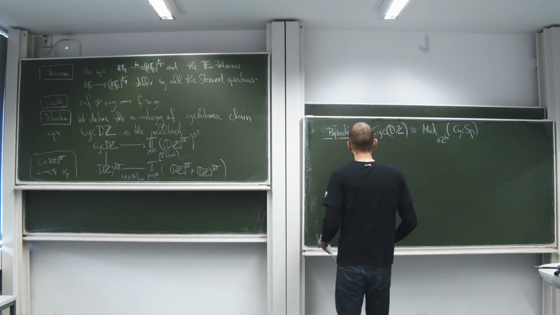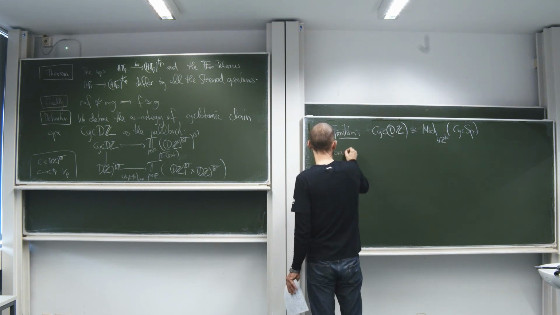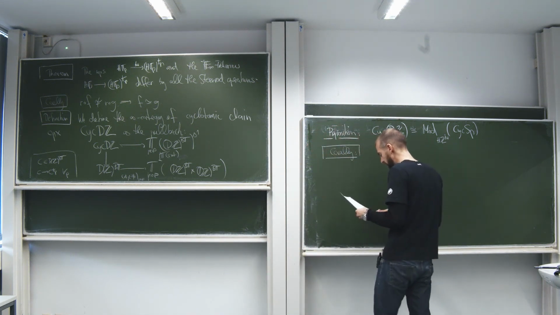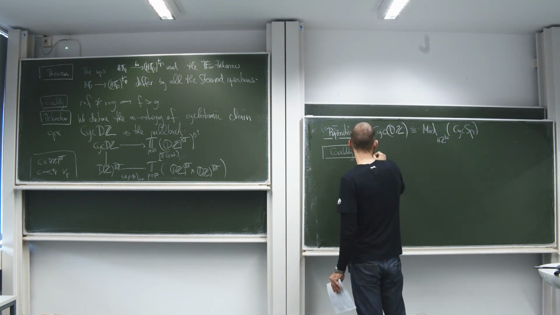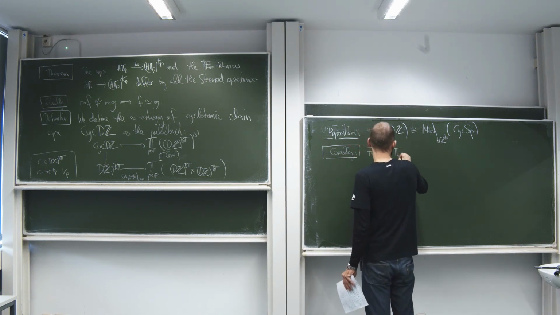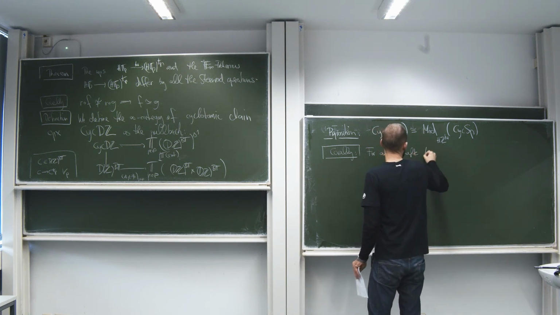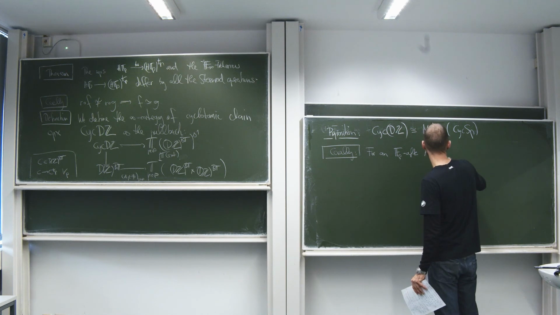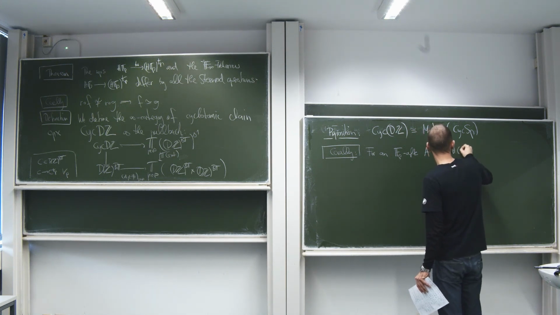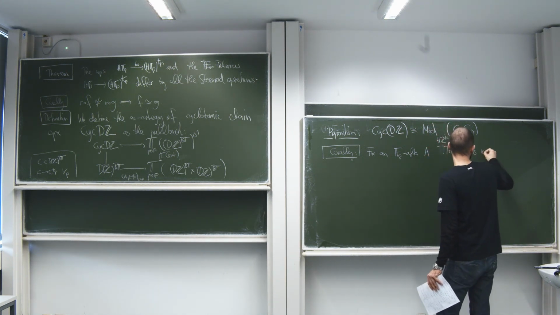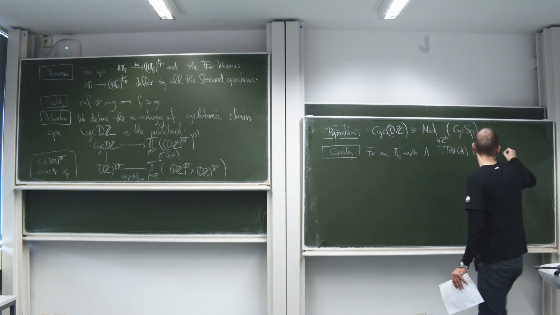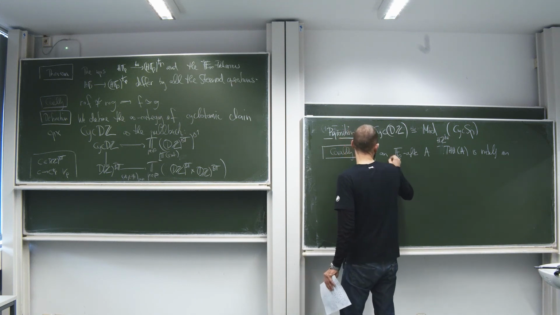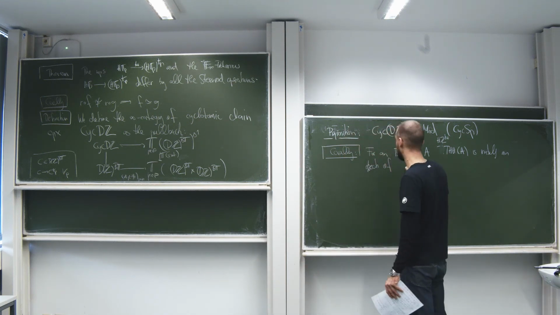And so as a corollary, we have that for an FP algebra A, THHA is canonically, naturally, an object of cyclotomic chain complexes.